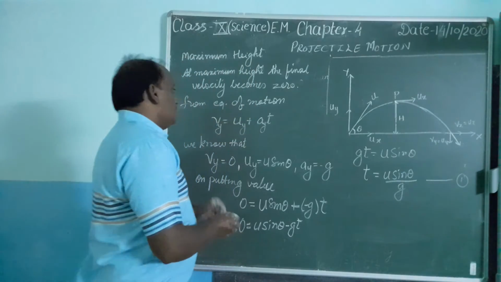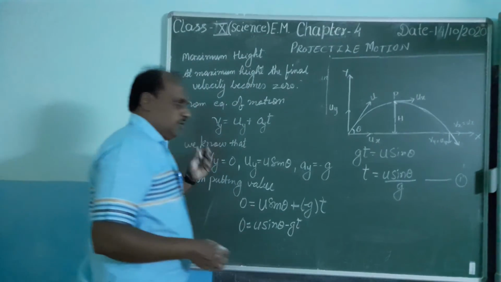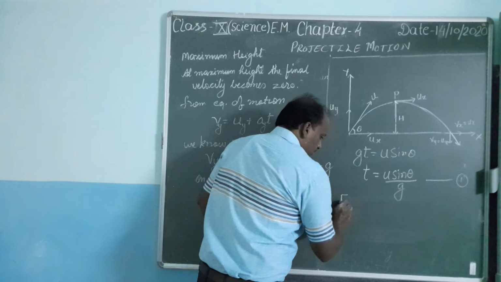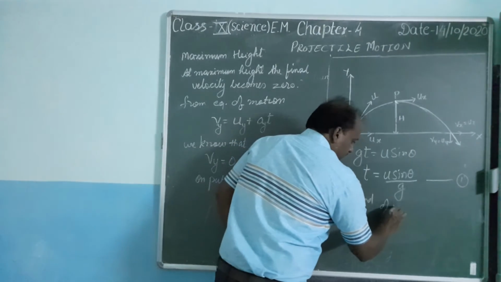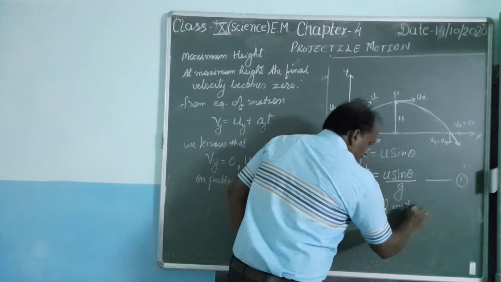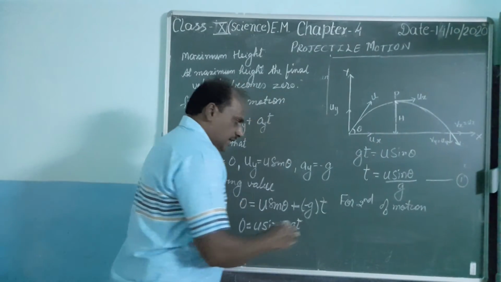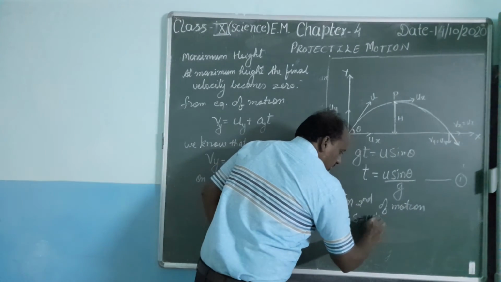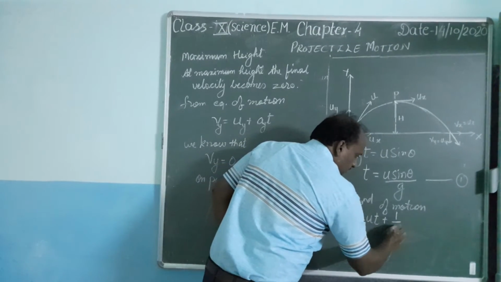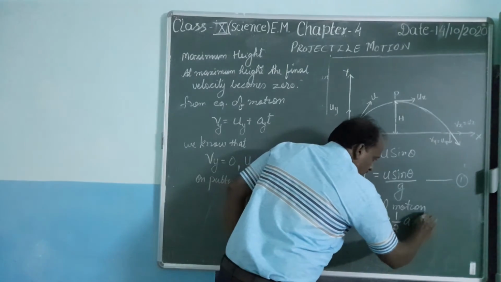Now again from the second equation of motion, s equals ut plus half at square.